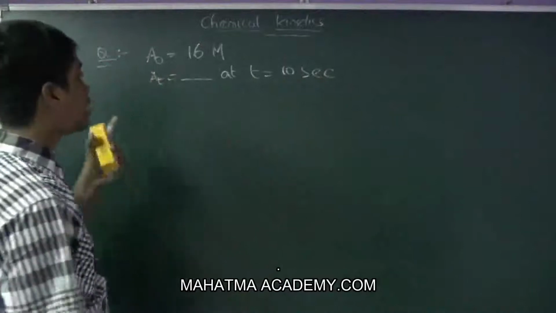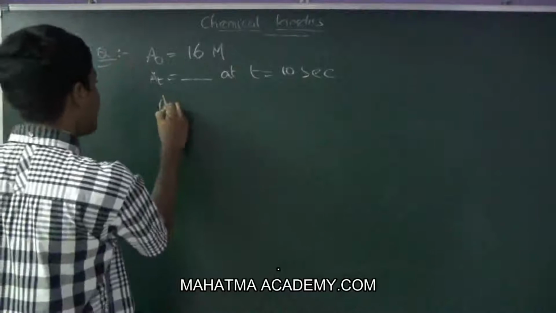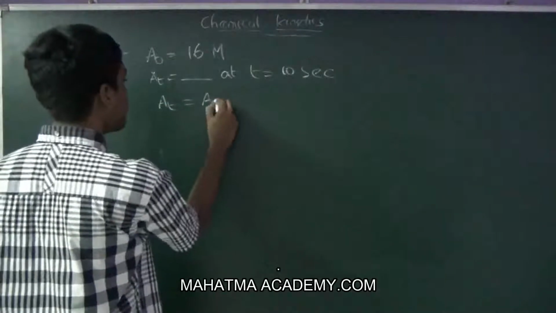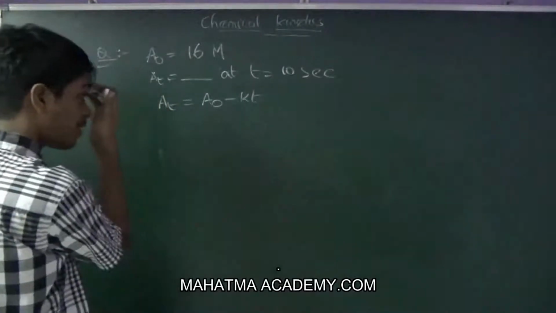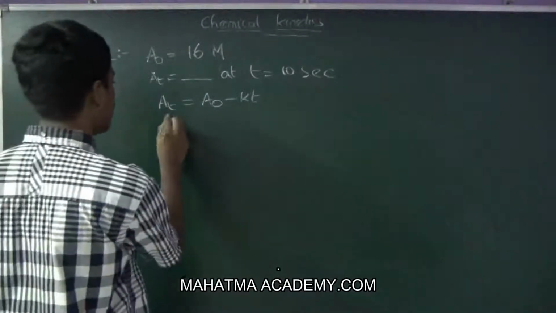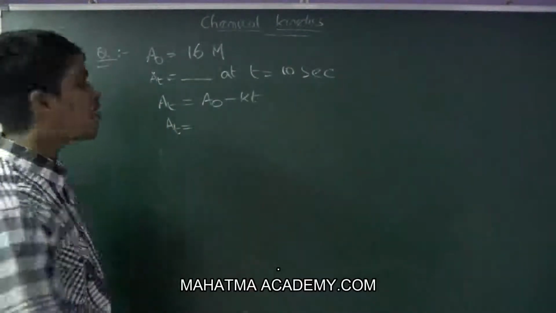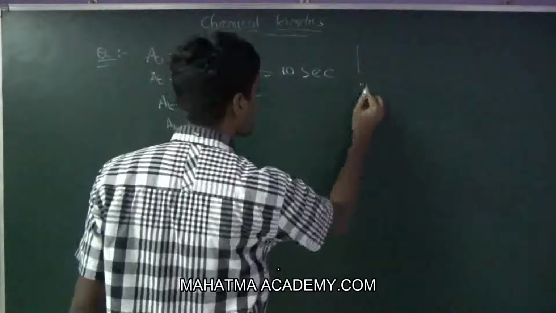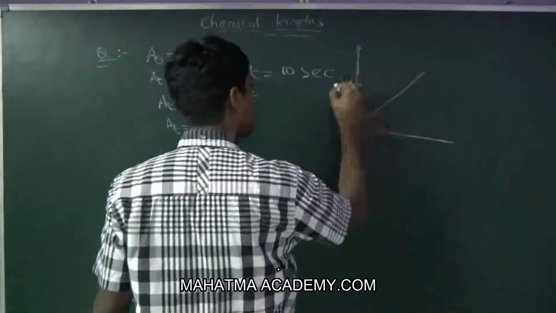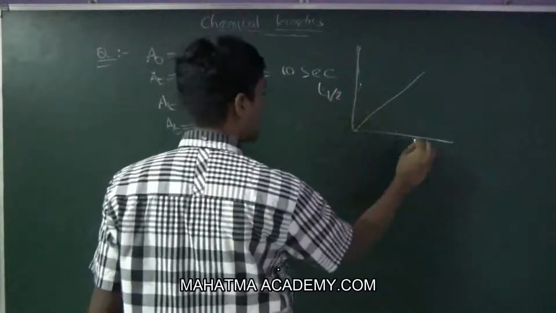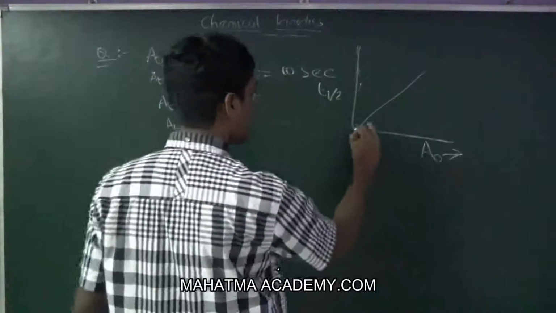Now it is a zero order reaction, so At is equal to A naught minus kt. Now there is a graph for this question. It is t half versus A naught, and it is a straight line.